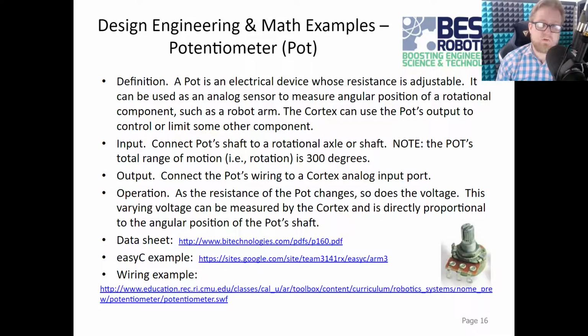Some years this is more important than others, but some teams will also use this for autonomous code. Perhaps you want a single button that will put your arm in a very specific location. Or perhaps you have some kind of rotating piece on the front of your robot and you want it to be at a very specific angle and you want it to go to that angle every single time.